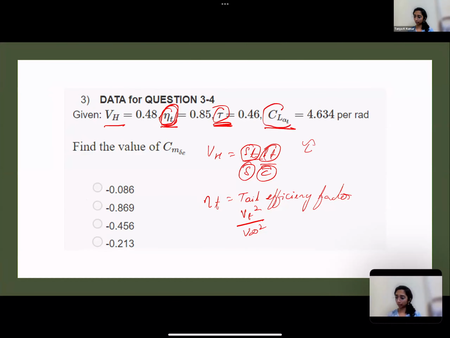This last term, CL alpha tail. It is the CL alpha of the tail. So what is CL alpha?